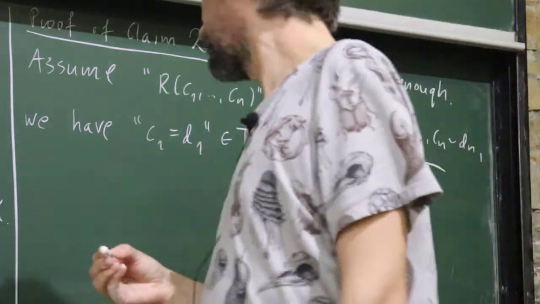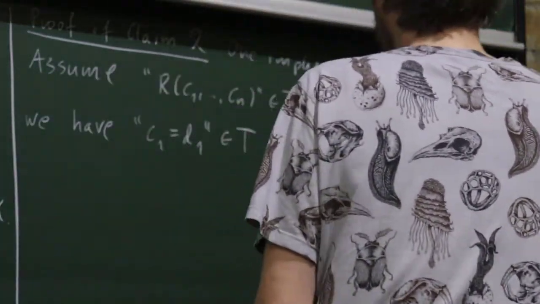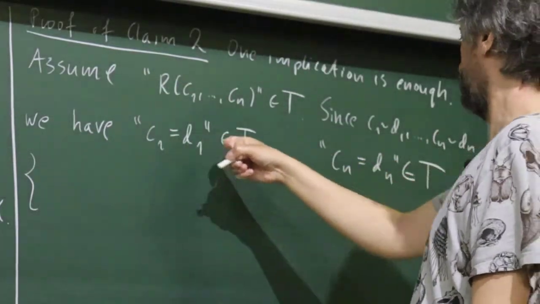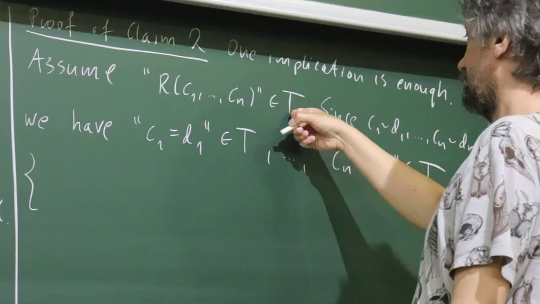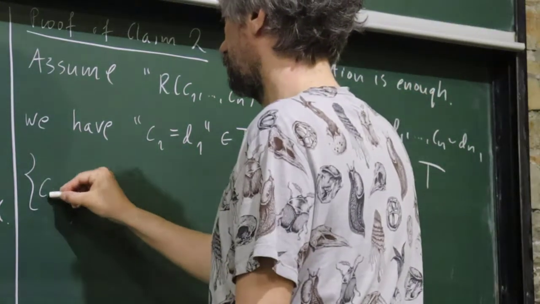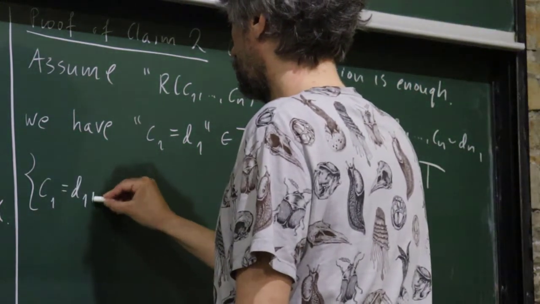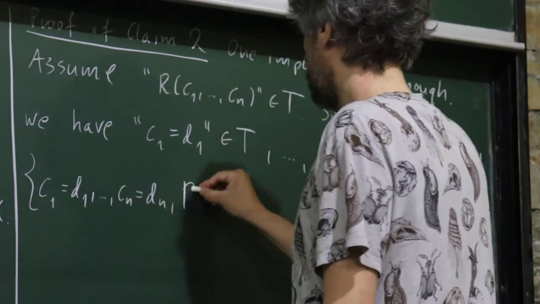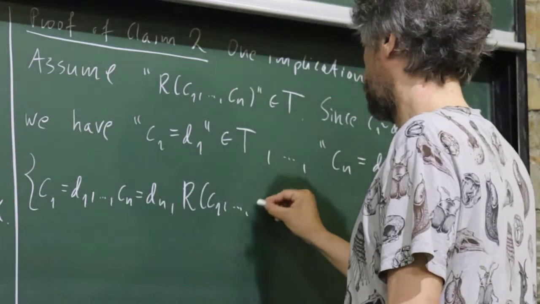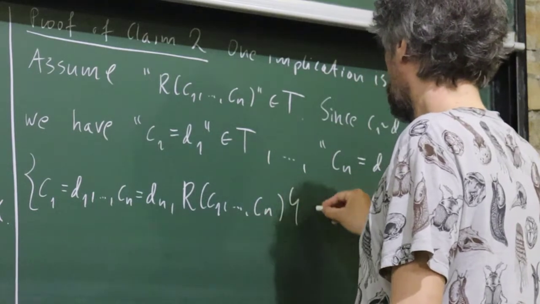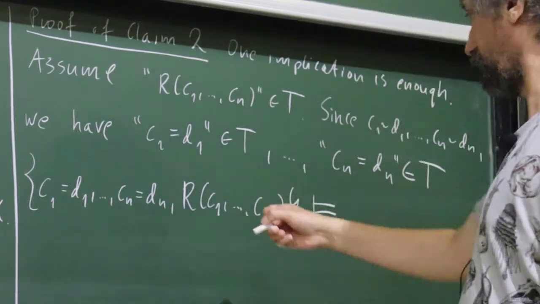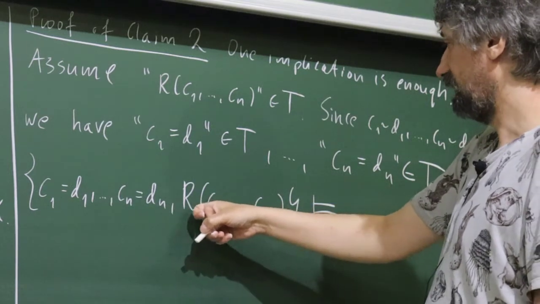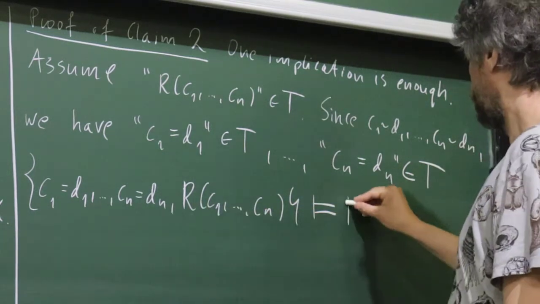but again, if we take all of these n plus 1 sentences, which are in T, then it's a logical consequence of them that the sentence R D1 to Dn holds.